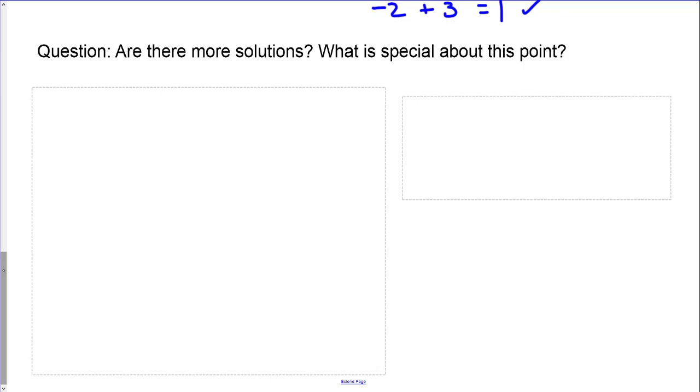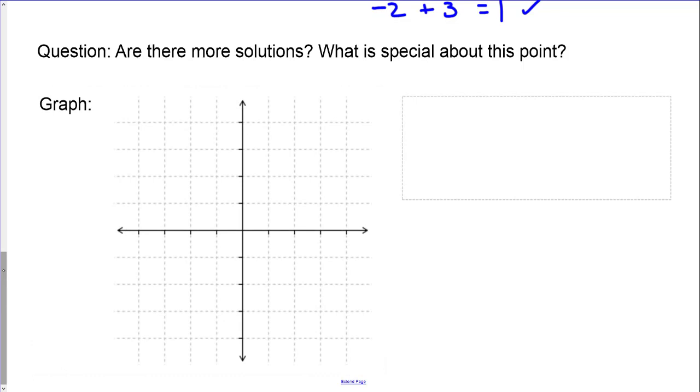To answer that, let's take a look at the graphs of these two equations. If I have x plus y equals 4, it's going to be easier to graph it in the form y equals negative x plus 4, just moving the x to the other side of the equation.